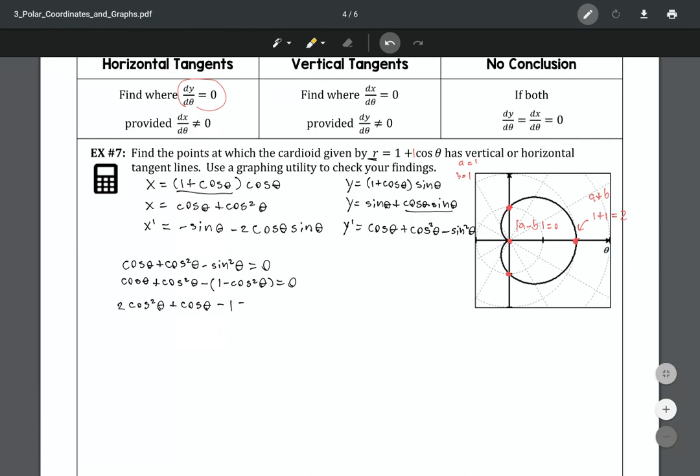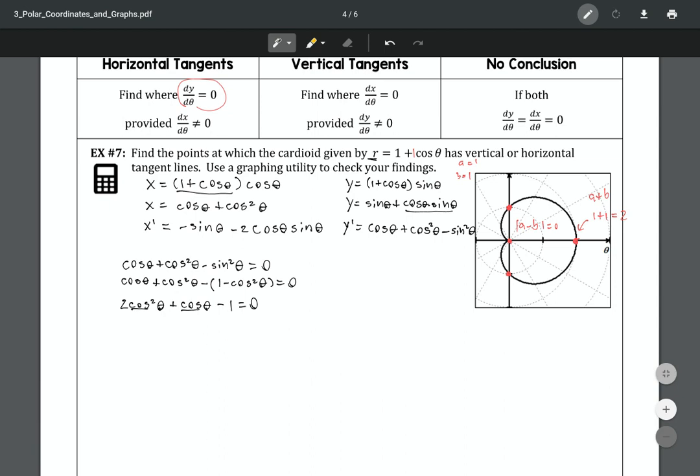If you're doing this by hand, how would you solve something like this? Even though I have trig in it, I do have a square function. If I pretend that this cosine is x, then I would have 2x squared plus x minus 1. I could try to factor, but this is unfactorable, so I'll do the quadratic formula, which is what I'm about to do.